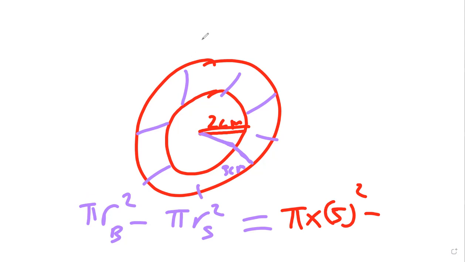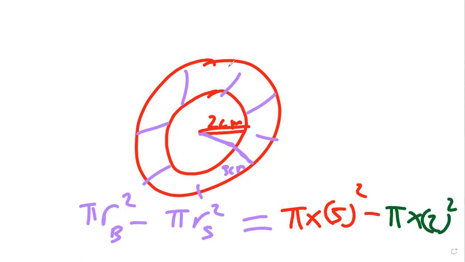We use different colors as we go along. Let's say we have pi, and the radius is 2 centimeters.